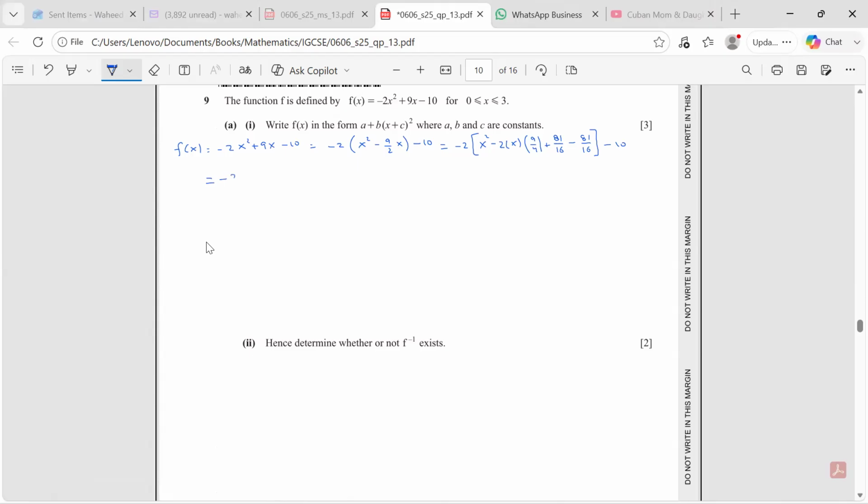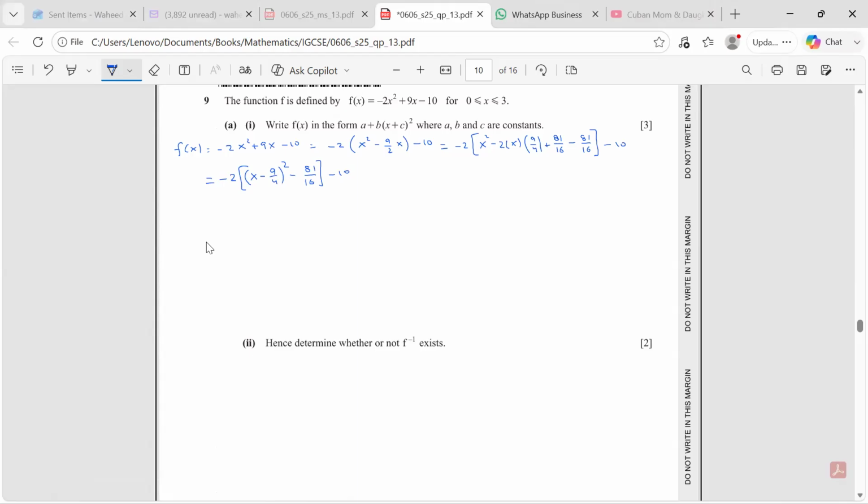So this will become x minus 9 by 4 and its square, and minus 81 over 16, and then minus 10.